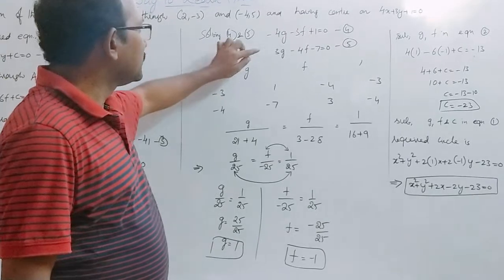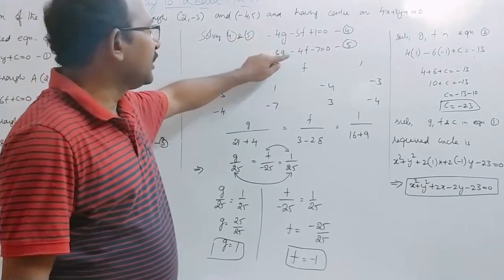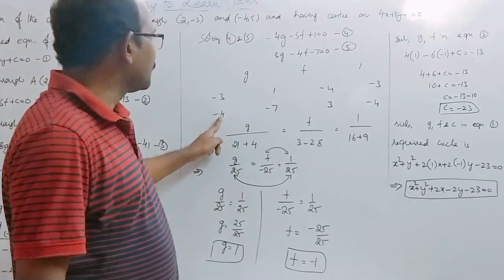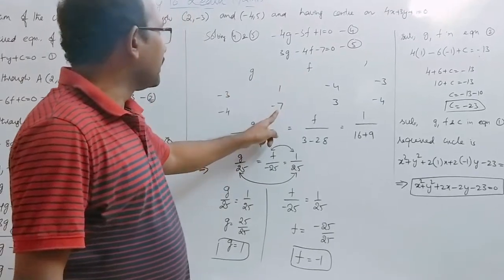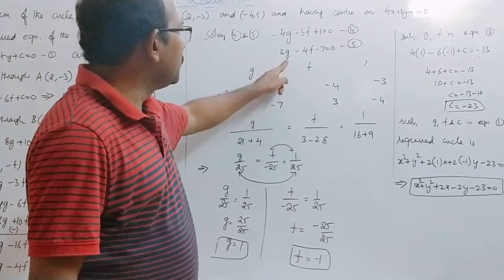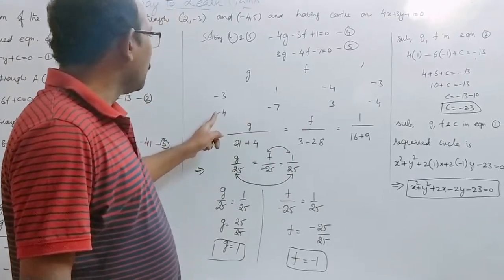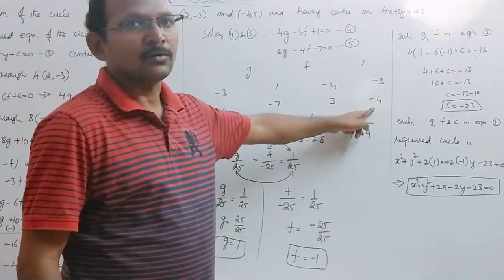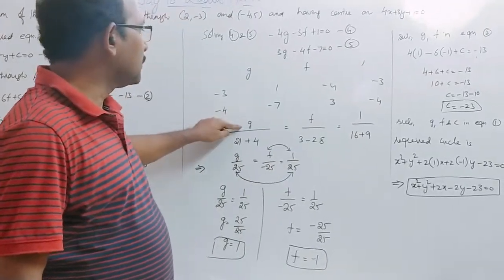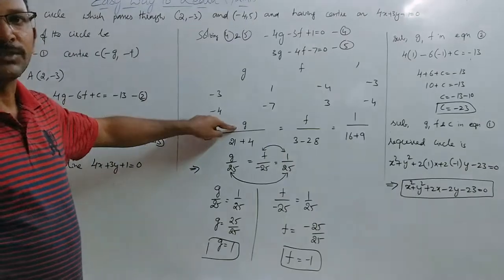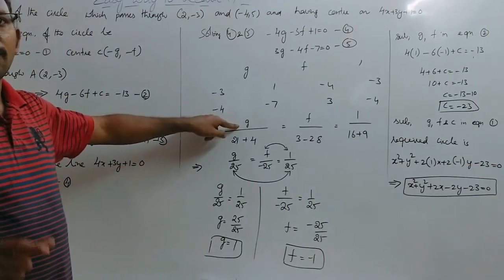Similarly, we apply the same procedure for the second equation also. Therefore, here the coefficient of F is minus 4, constant is minus 7, coefficient of G is 3 and again minus 4. Then we just apply the AD minus BC formula.